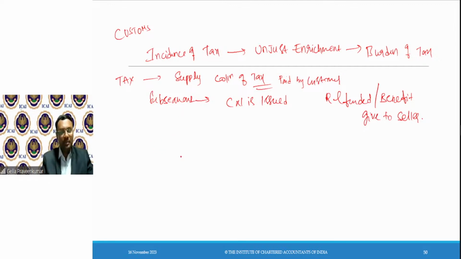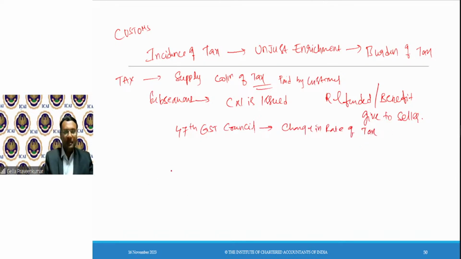Let us assume that in the 47th GST Council meeting, there was a change in the rate of tax. Say a particular commodity, all along it was taxed at the rate of 12%.